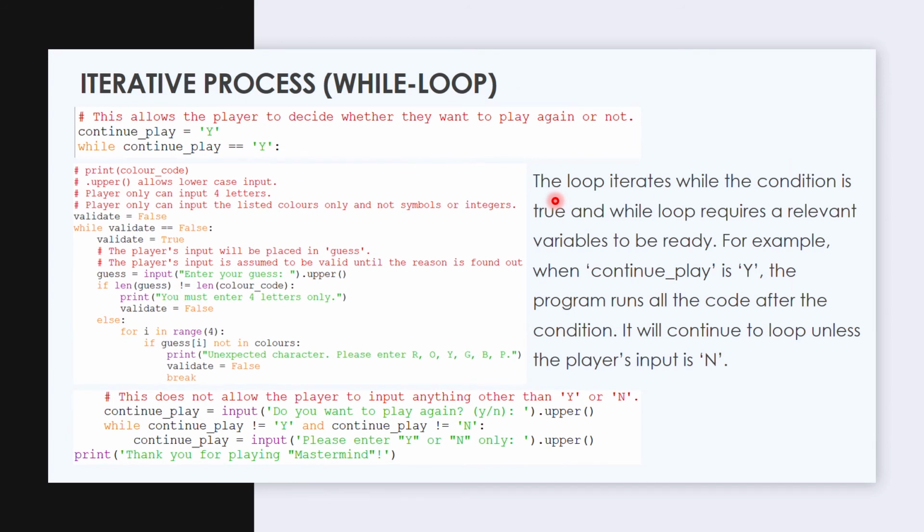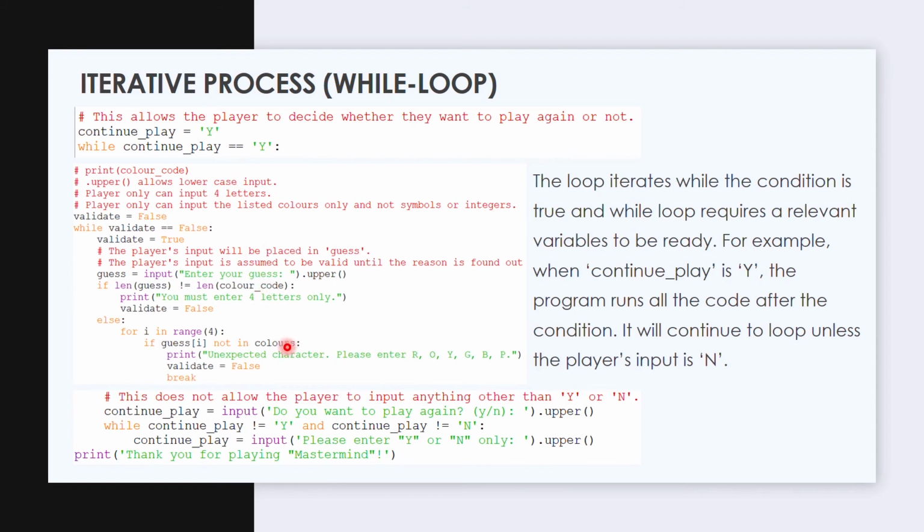Next, I applied the iterative process by using a while loop and for loop in the Mastermind computer game. The while loop iterates while the condition is true and requires relevant variables to be ready. For example, when continue play is y, the program runs all the conditions after the code. It will continue to loop unless the player's input is n.